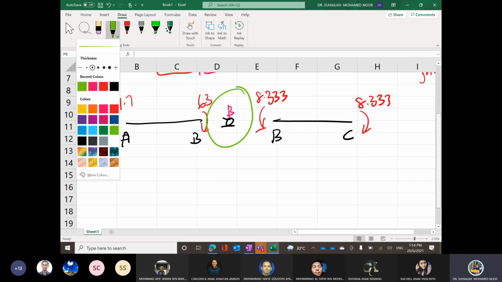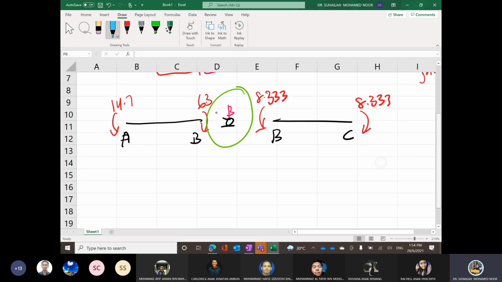Just draw the moment direction which is opposite with the fixed end moment. At joint B, we have the moment acting in this direction because it is opposite with FEMBA, right?